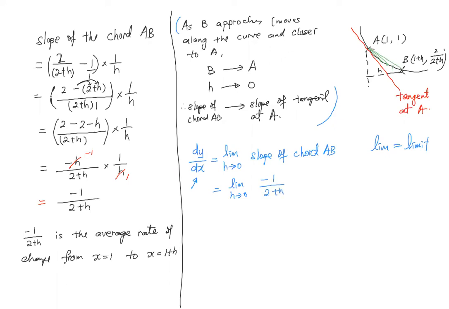Still remember, if h approaches 0, what happened to negative 1 over 2 plus h? It will approach negative half, correct? So the answer is negative half. That means, therefore, the gradient of the curve at x equal to 1 is negative half.